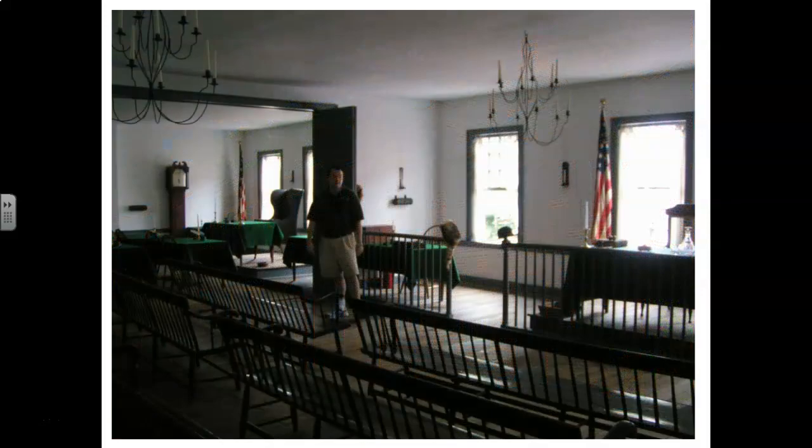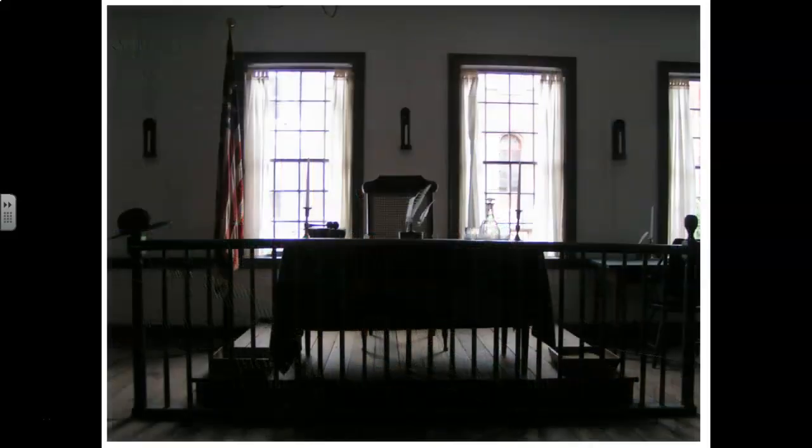This is a picture from the House side. It was basically 2 large rooms separated by some folding doors so that they could just easily go next door to each other once they passed a bill and let the other side debate it. I am standing in the House side, and since they have more people, there are only benches there. And then the Speaker of the House would sit at the front of the room.